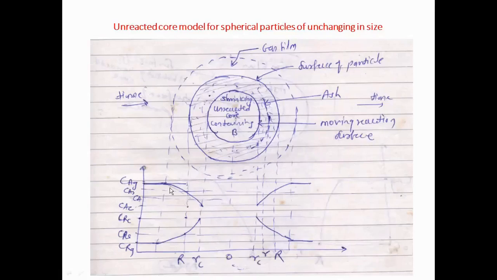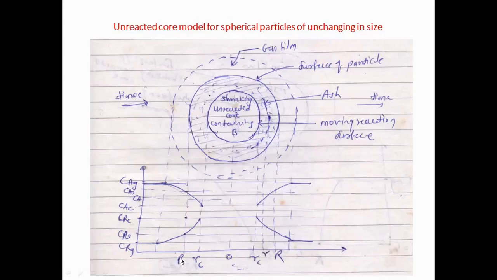So this is the profile of the reactant. Then Ca means the concentration of A anywhere in the ash film, that is, in between the surface of the particle and the surface of the unreacted particle, at any radius r.